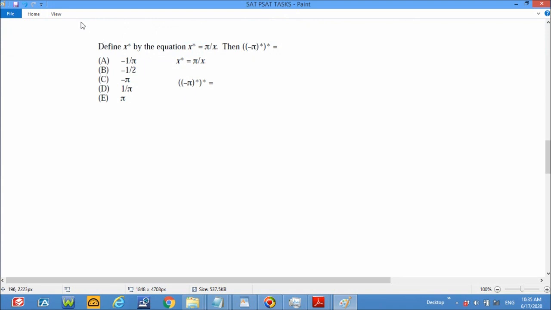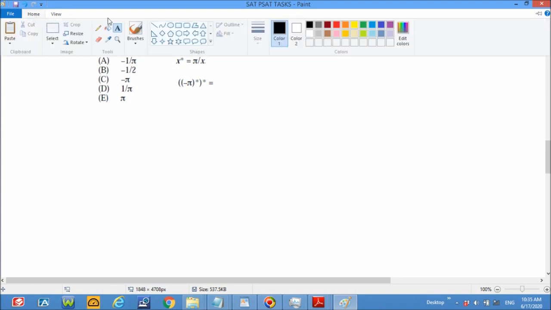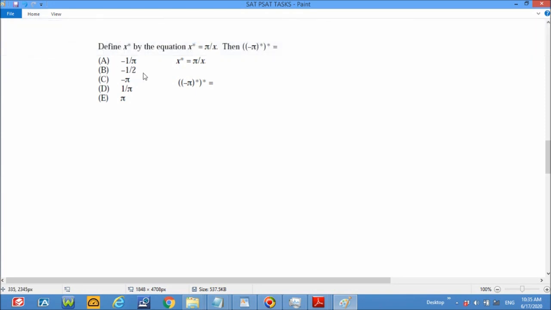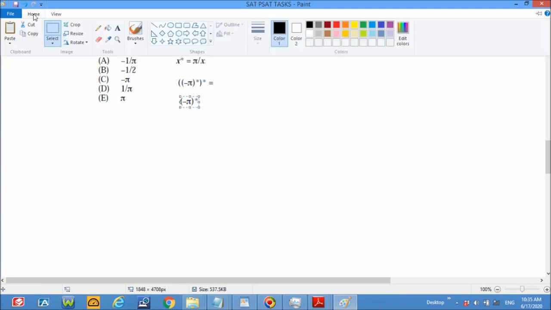So first of all, I need to take the inner braces with the inner symbol. So we're doing it only one time, and this equation will be, the x here is minus p.